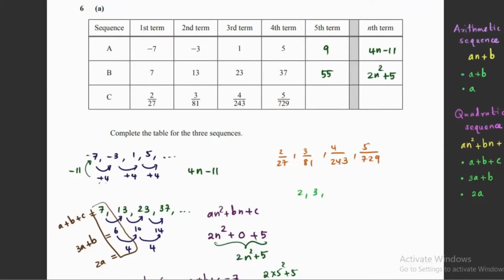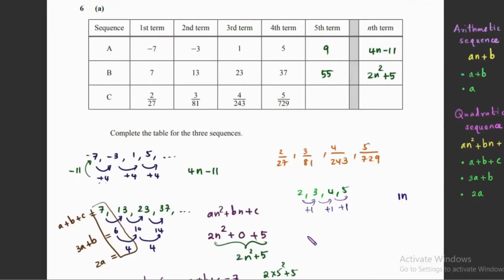So I can find the nth term for this sequence that I have here. It increases by 1 each time. As it increases by 1 each time, it will be plus n, or plus 1n. Whether I put the 1 in front or not, it doesn't make a difference.